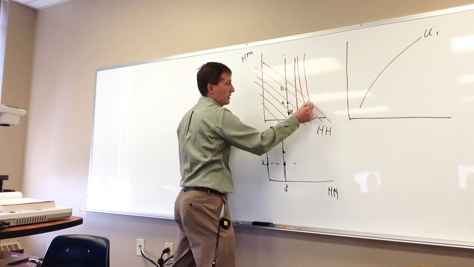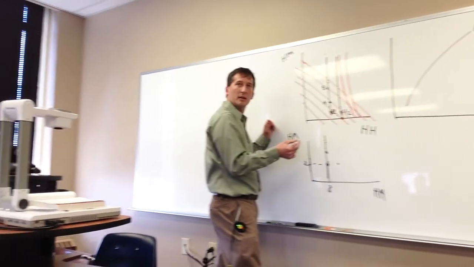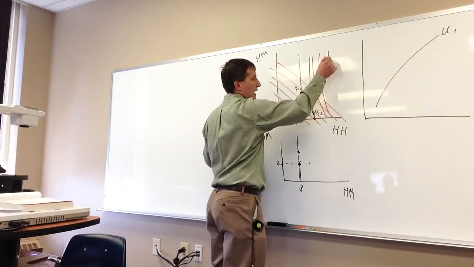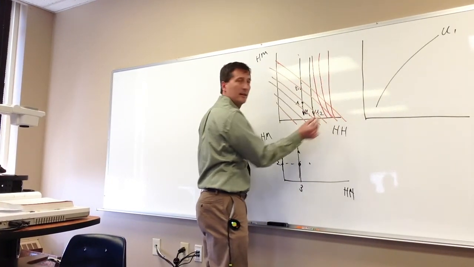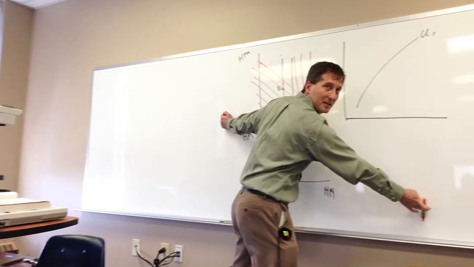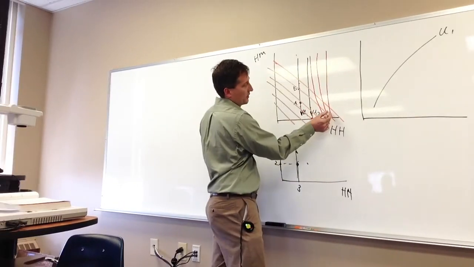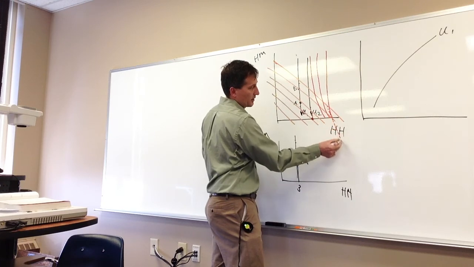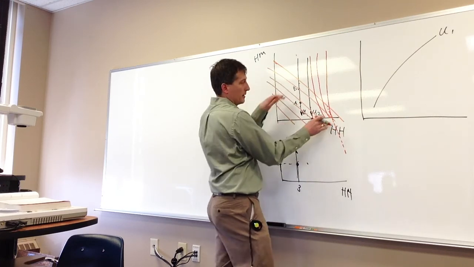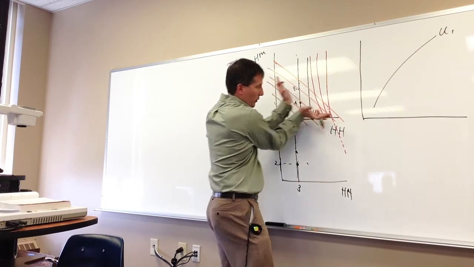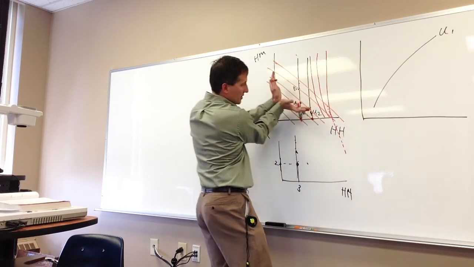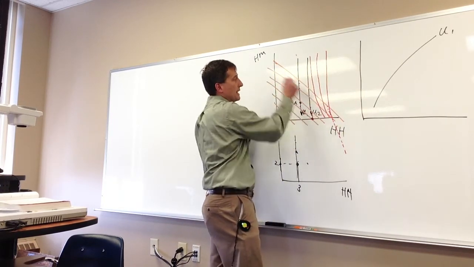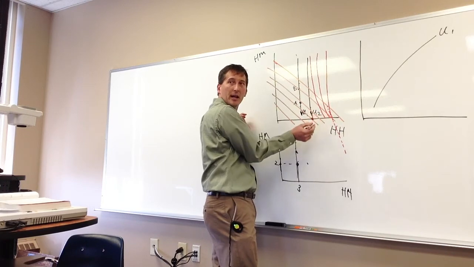So there's a curvature to it, so there's some function, but the tangency line would be somewhere in some weird space. So the slope of this indifference curve is that. The budget line's here, and again, you're forced to a corner solution. Even though it's curved, you're not going to have an interior solution on that.